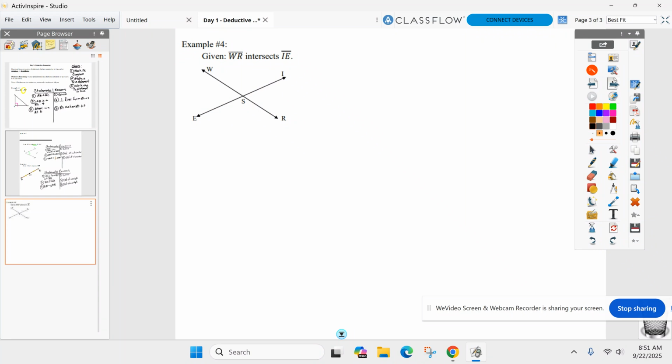Anybody putting any markings on their diagram? And you're confident about it. Markings. From last unit, you should put these markings on. You can do it. What do you got, Evelyn?